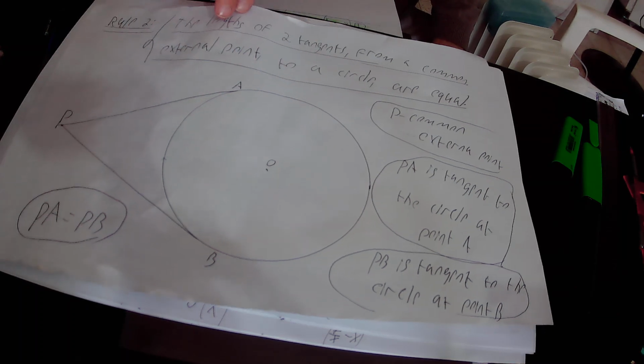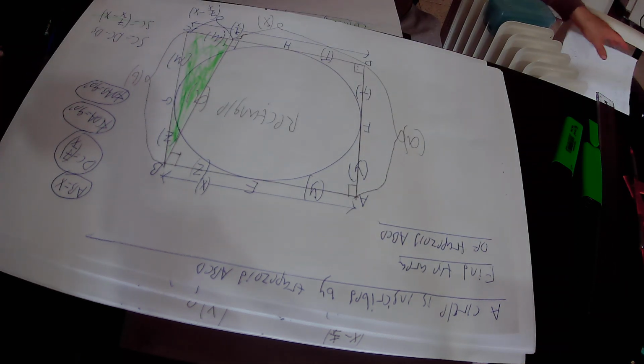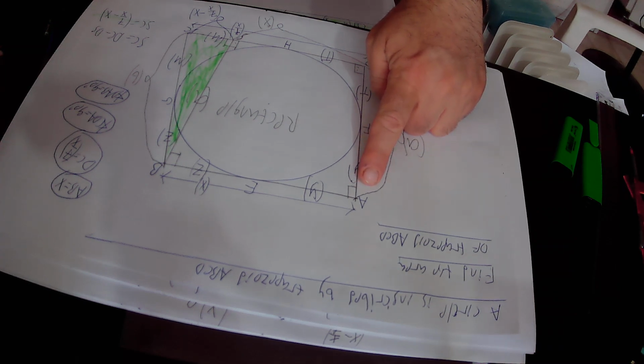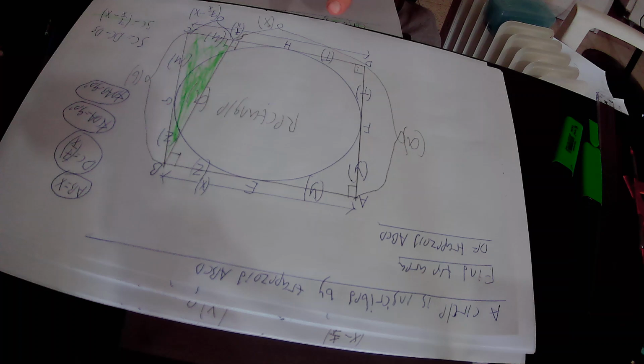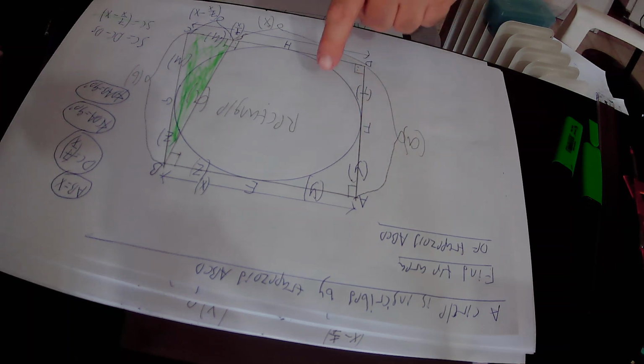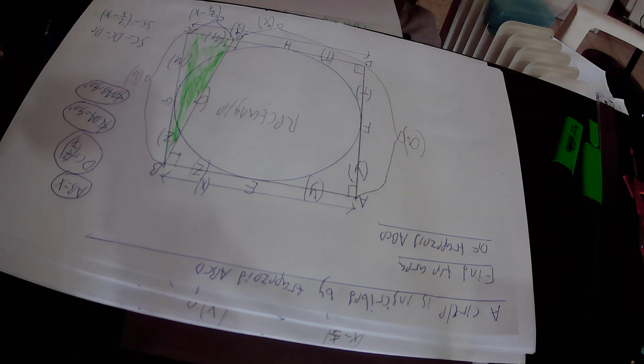Whenever you draw two tangents to a circle from a common external point, the lengths of the two tangents must be equal to each other. You can implement rule 2 in our drawing. Point A is an external point in relation to this circle because it is not located inside the circle nor on the circle. It is located outside, and therefore it is a common external point.